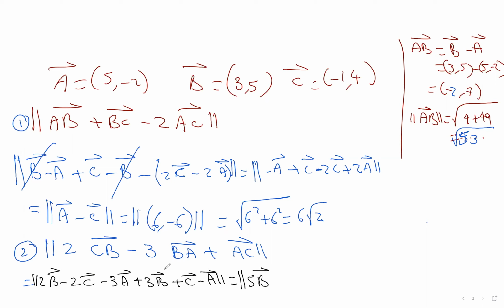Negative 2C plus C equals negative C. Negative 3A minus A is minus 4A.